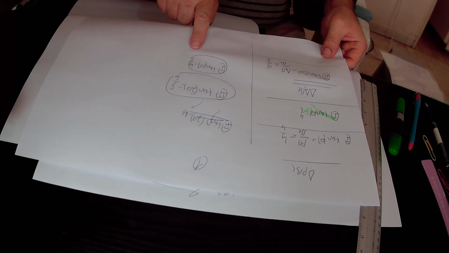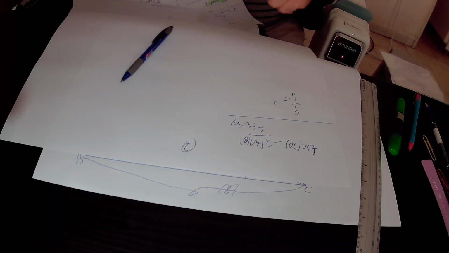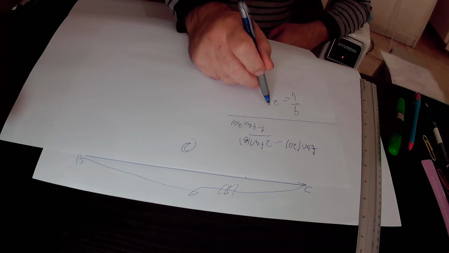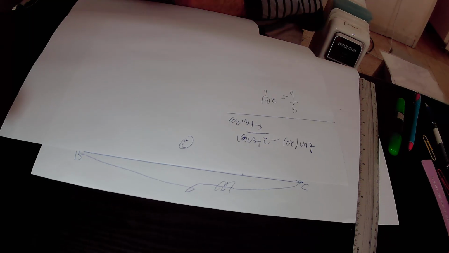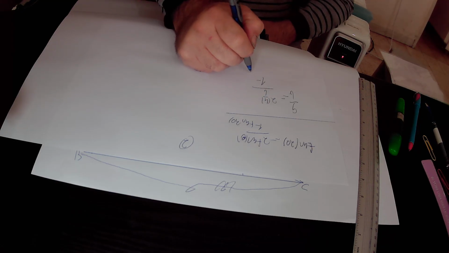Tangent theta is 4 over b, so we substitute tangent theta by 4 over b, which is 2 times 4 over b, divided by 1 minus tangent square theta.